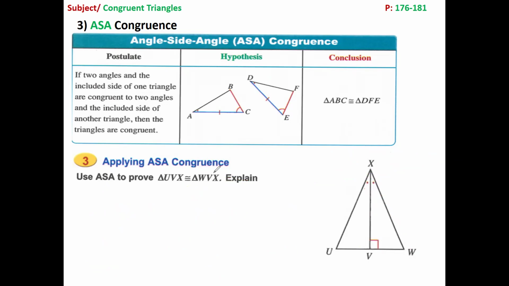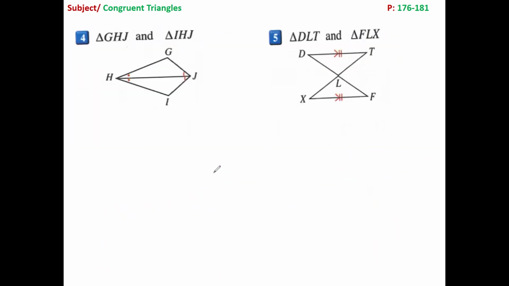So the next one is, I will give you a question like this. How are you going to say these two are congruent? I already give you two angles and you have a common line. So that means it's angle, side, angle. What about this one, which is a little bit tricky? This one is the trickiest one. We already studied in the last lesson, if you have two parallel lines, that means the opposite angles will be alternate interior angles.